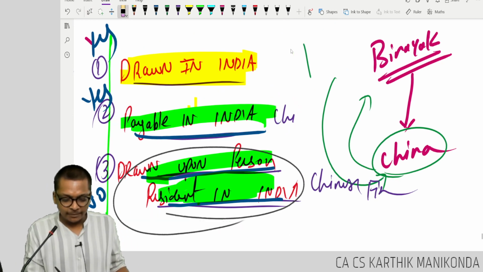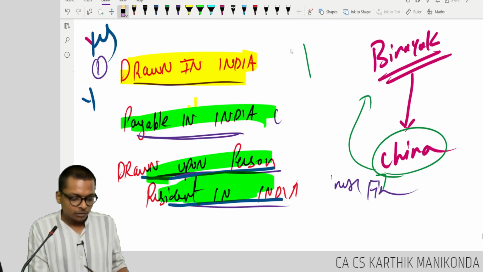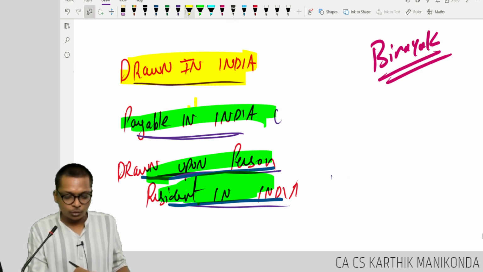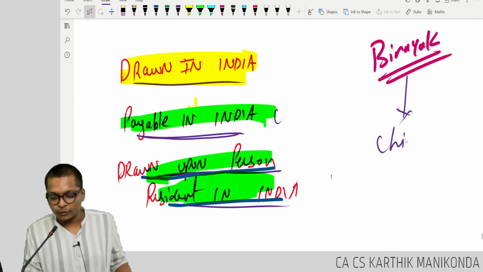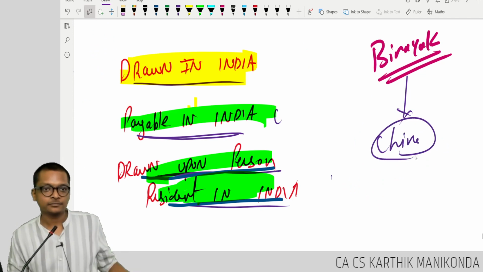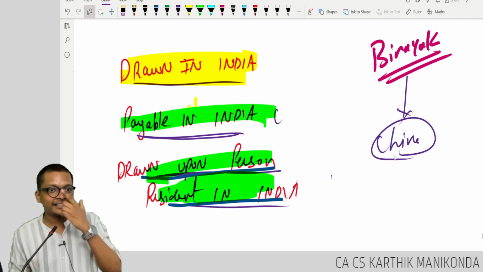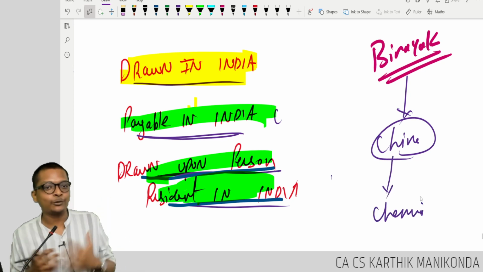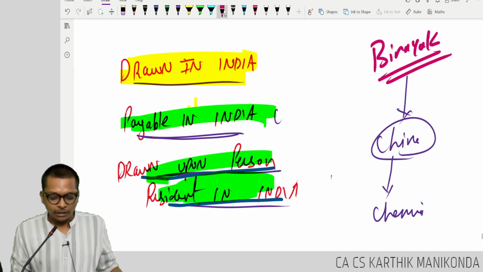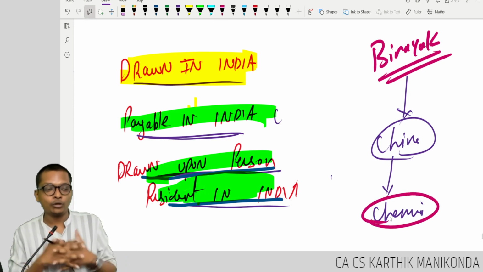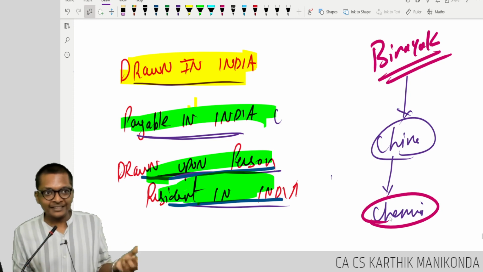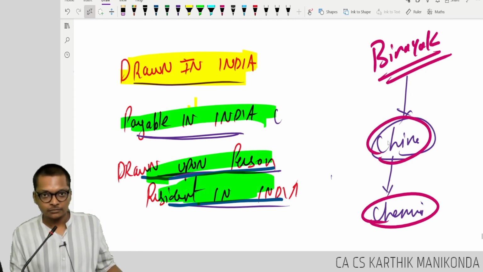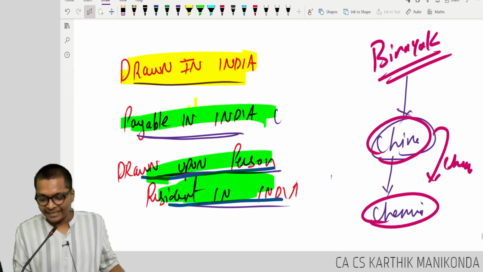Let me give you more examples which you can connect. Let's go back to Binayak. Binayak went to China after 2 months to meet his friend. After meeting his friend in China, Binayak and his friend together came back to Chennai. He went alone, he came back together. Now his friend and Binayak are both in Chennai. His Chinese friend is giving a check to Binayak. Binayak is smart.